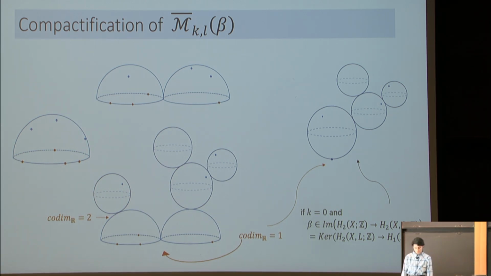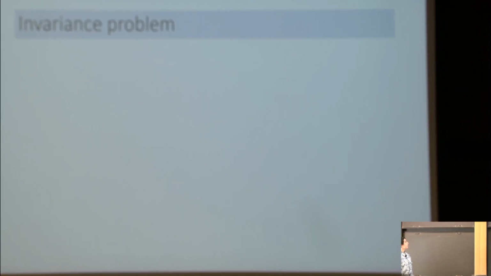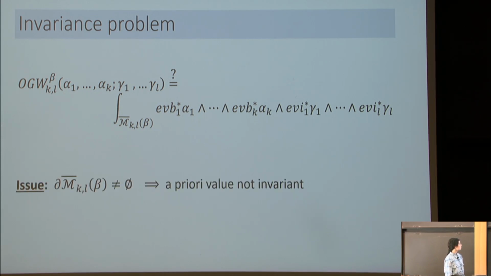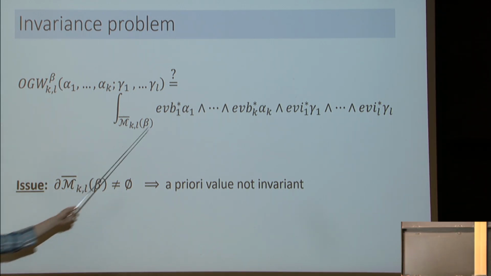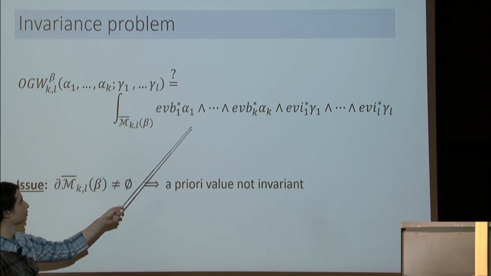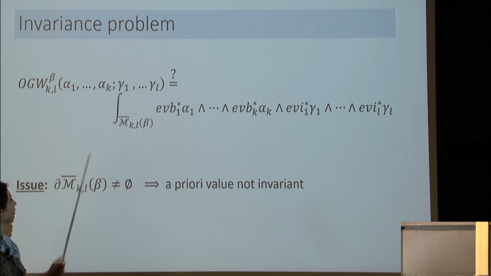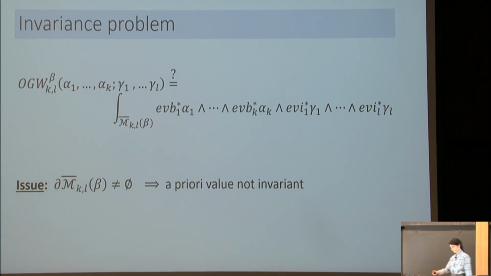And so now the moduli space has boundaries. So if you were to define invariants using this integral, because the boundary is not empty, there is no reason to expect the integral to be invariant under changes. More explicitly, if you were to take a different representative, say, then the difference will be an integral of something exact, but the integral of an exact thing over something with boundaries is not generally zero.